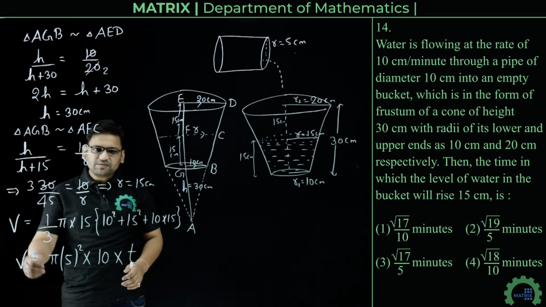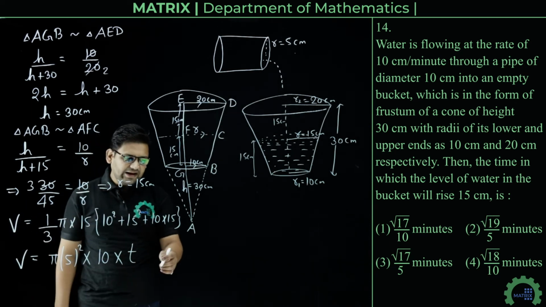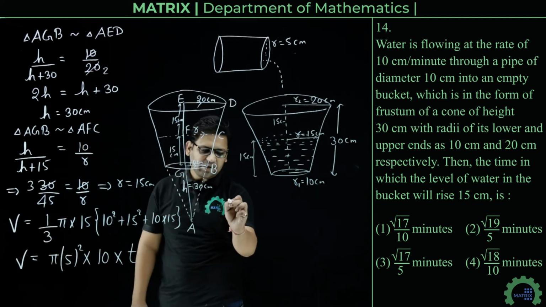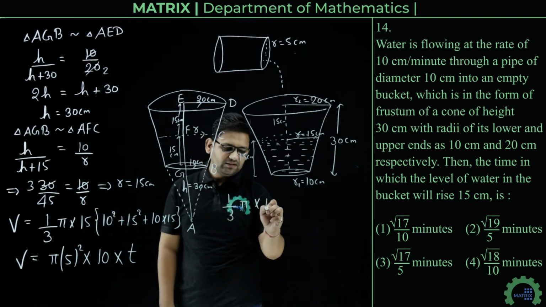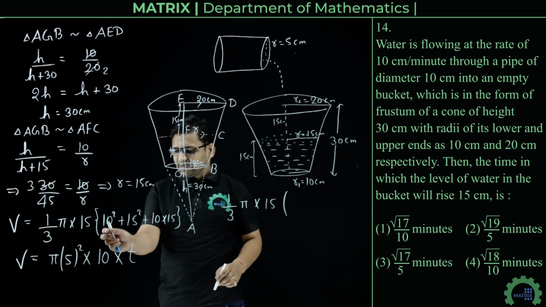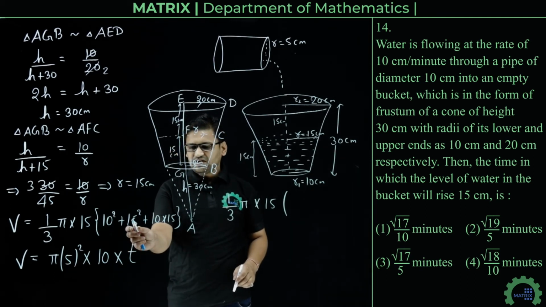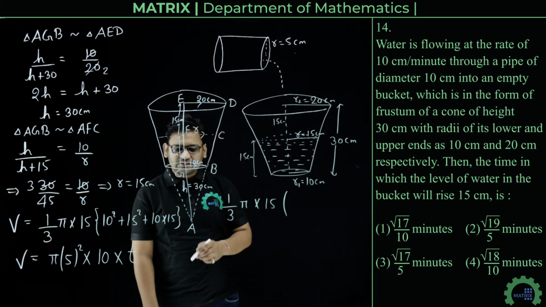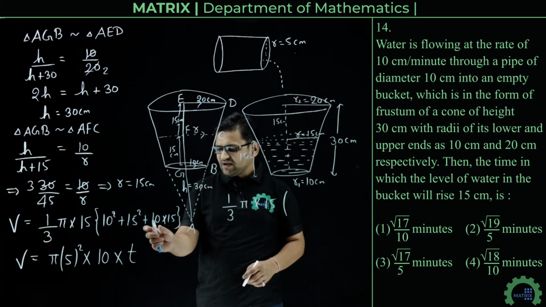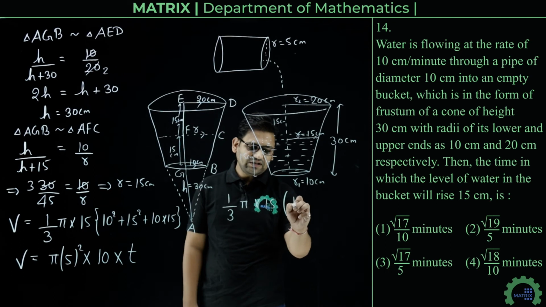Now both the volumes will be the same, so we can write 1 by 3 pi multiplied by 15 multiplied by 100 plus 225 plus 150, that is 325 plus 150, that is 475.